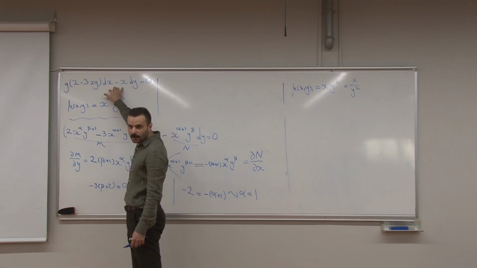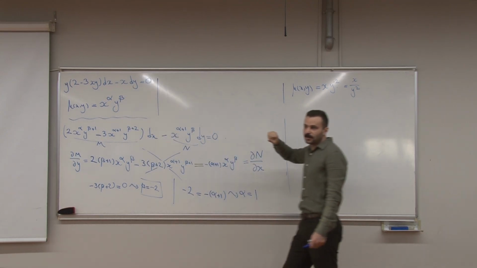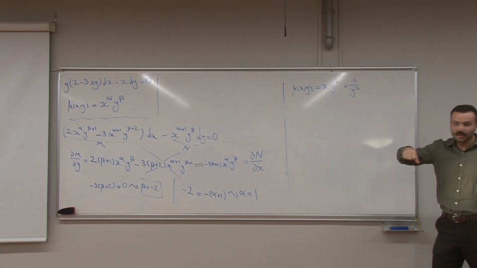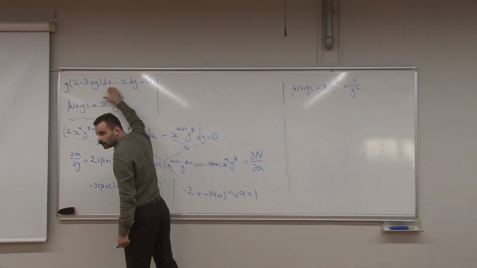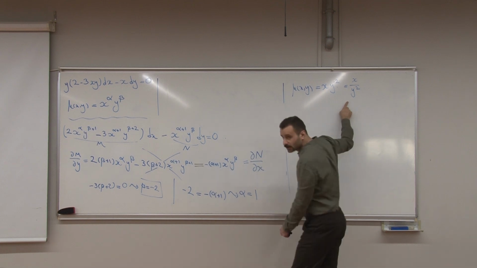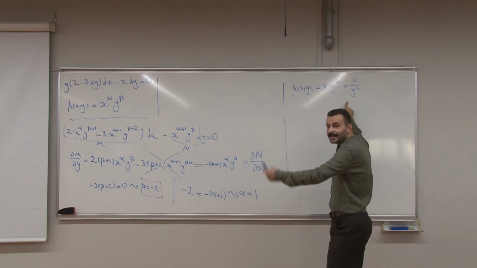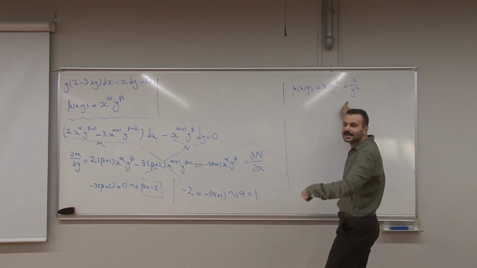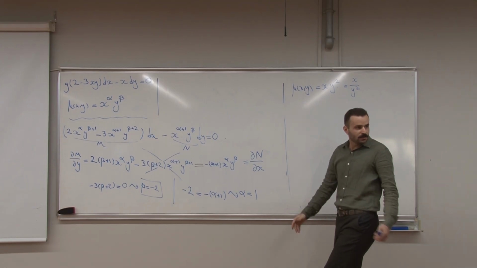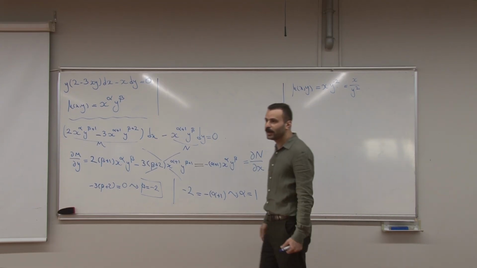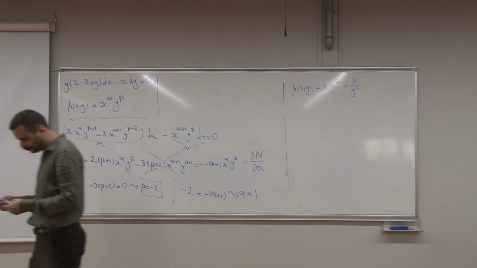Okay? Now, as the exercise, please multiply this equation with this integrating factor. Check that it is really an exact equation, and since you have an exact equation, please solve it. Find that function f(x,y). Okay?